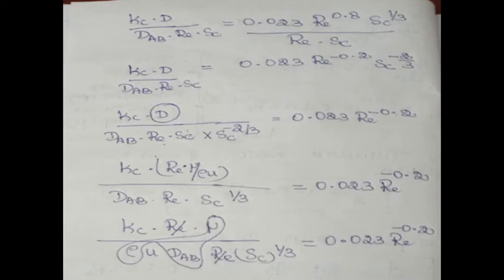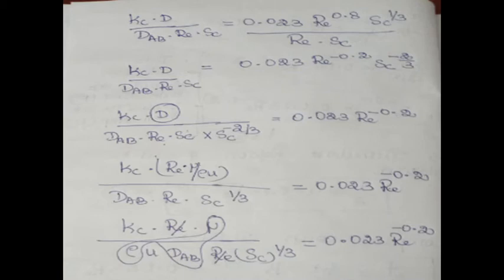That is equal to the RHS, 0.023 Reynolds number power minus 0.2. Now come to the LHS. The Re's are cancelled. So then Kc into mu by rho u dAb, Schmidt number power 1/3.